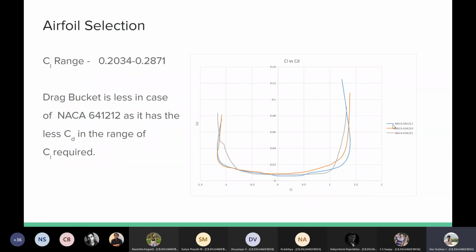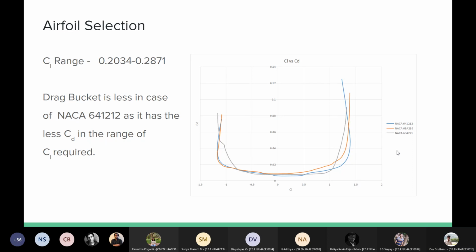We plotted CL versus CD for three different airfoils, all 6-digit airfoils: NACA 64112, NACA 638210 and NACA 634221. And we found that NACA 64212 has the least drag bucket in the range of CL we want.